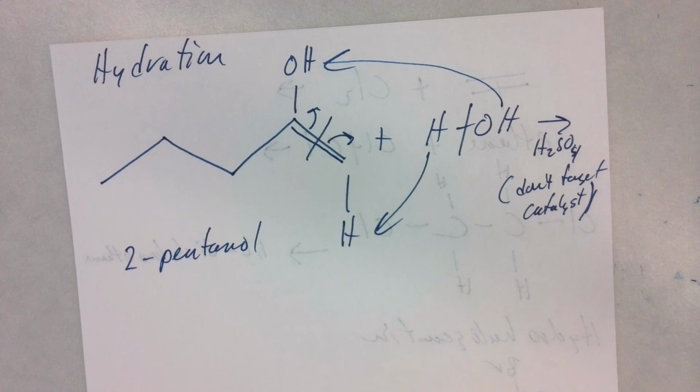Yeah. Alright, now, if there are multiple double bonds, it kind of depends. Typically this is stuff that is done in the lab, or this is stuff that's done in industry. You know what I'm saying? So a lot of times you can't control where that bond attaches other than you know it's going to follow Markovnikov.